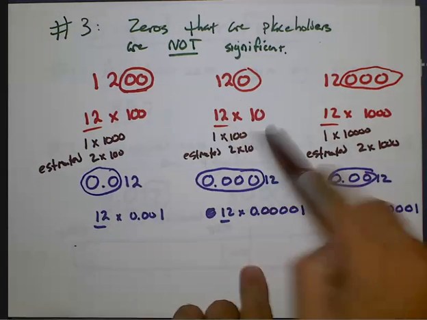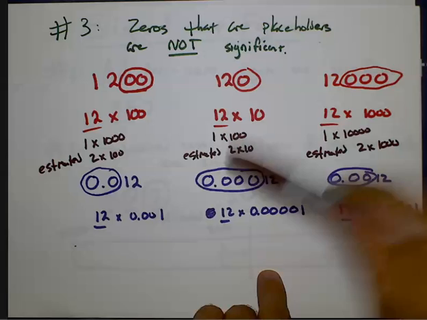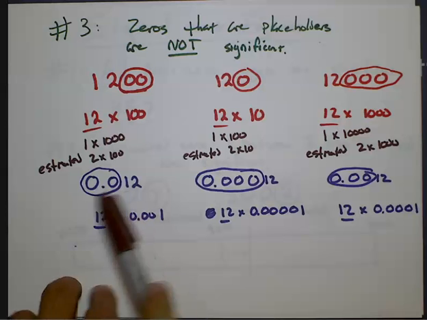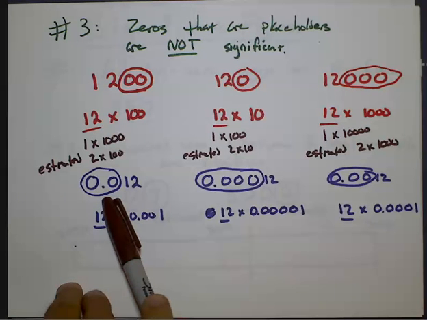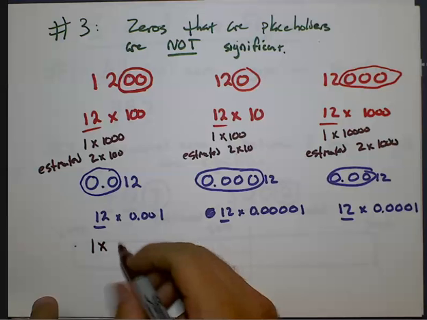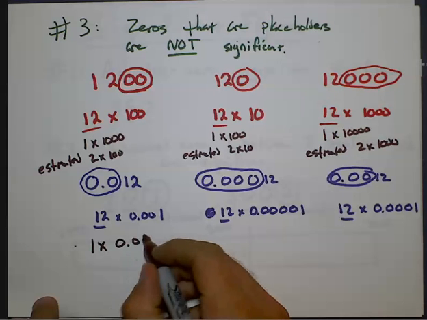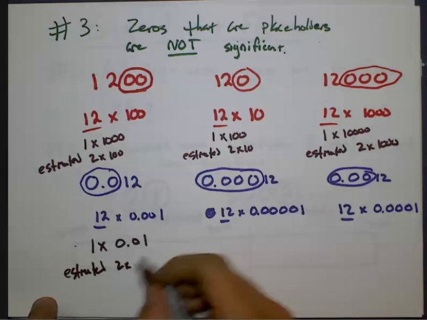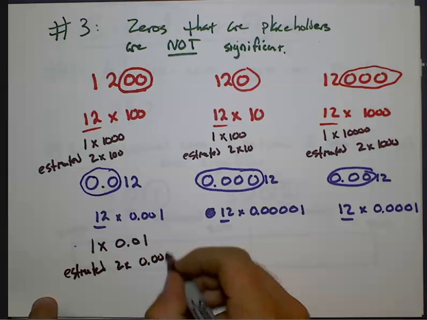And this one measuring 100s, estimating 10s, is a much smaller tool than this one, which is measuring 10,000s and estimating thousands. In the same view, here we're measuring one 0.01 unit, and we've estimated 2 0.001.